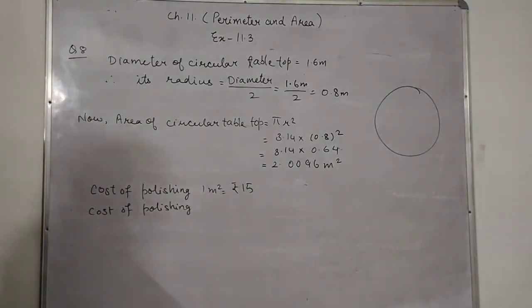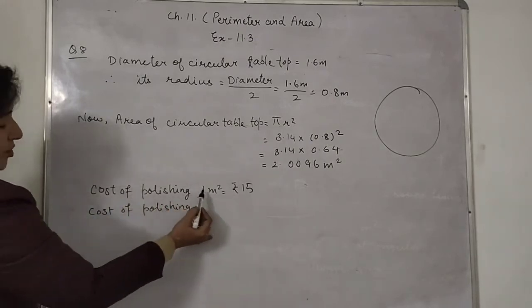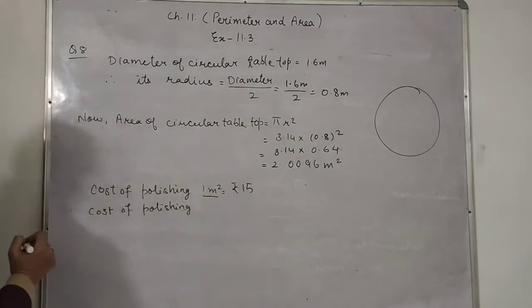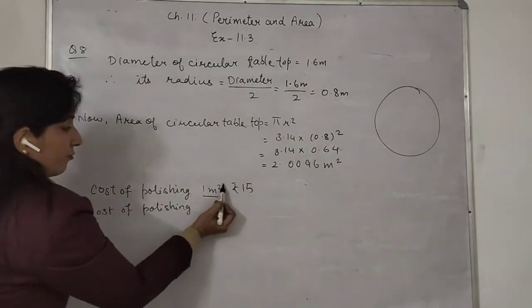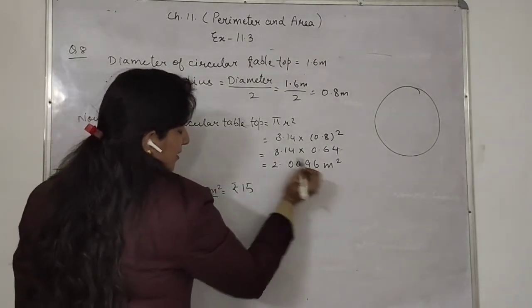But we need to find out the cost of polishing. The cost of polishing which is provided to us is for 1 meter square, that is rupees 15. We need to pay rupees 15 for 1 meter square. But the total is 2.0096 meters square.